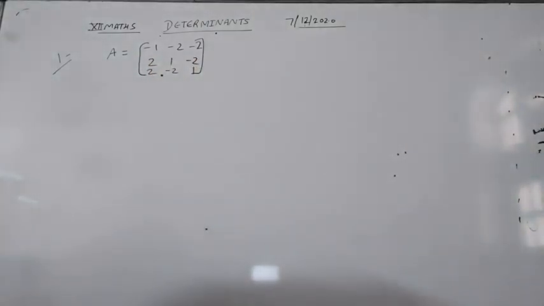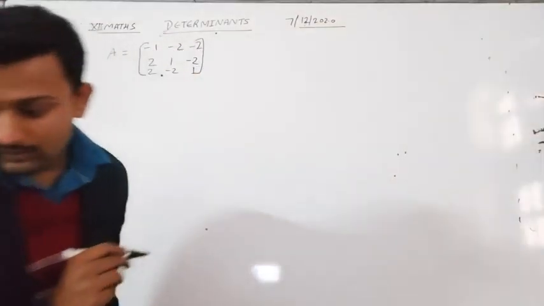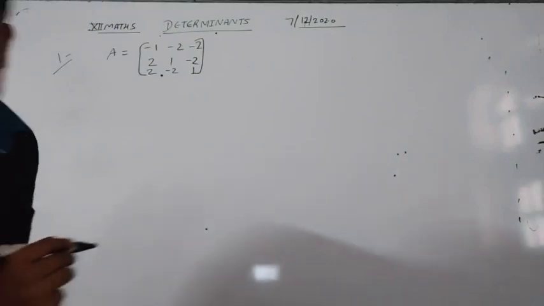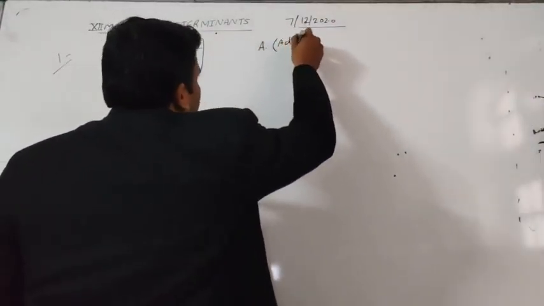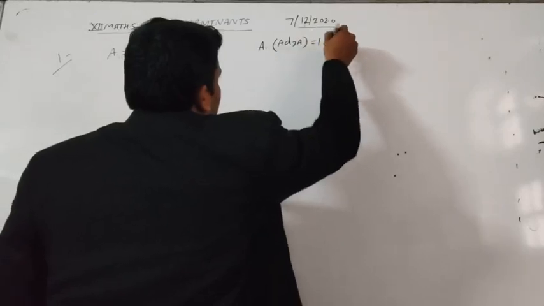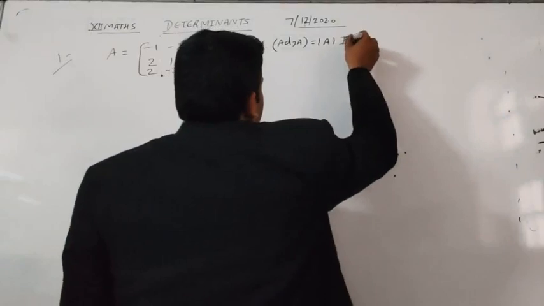So we have to show that A times adjoint of A is equal to determinant of A and I3.